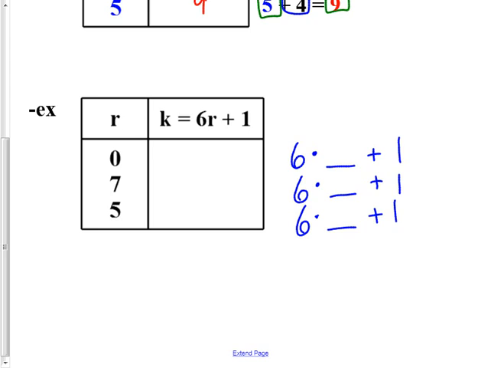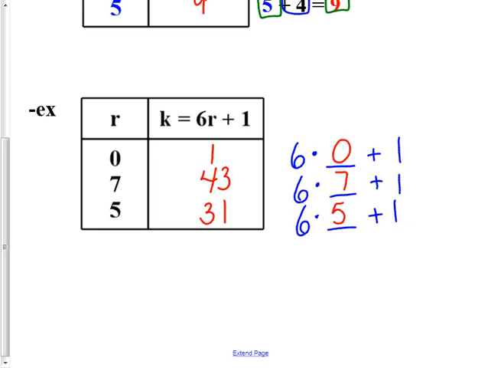For the first one, our R value is 0. 6 times 0 is 0, plus 1 is 1. 6 times 7 is 42, plus 1 is 43. 6 times 5 is 30, plus 1 is 31. And by the way, make sure that you're careful to follow order of operations when you solve equations, just like we've always done. That's part of just the rules of how we work with math.